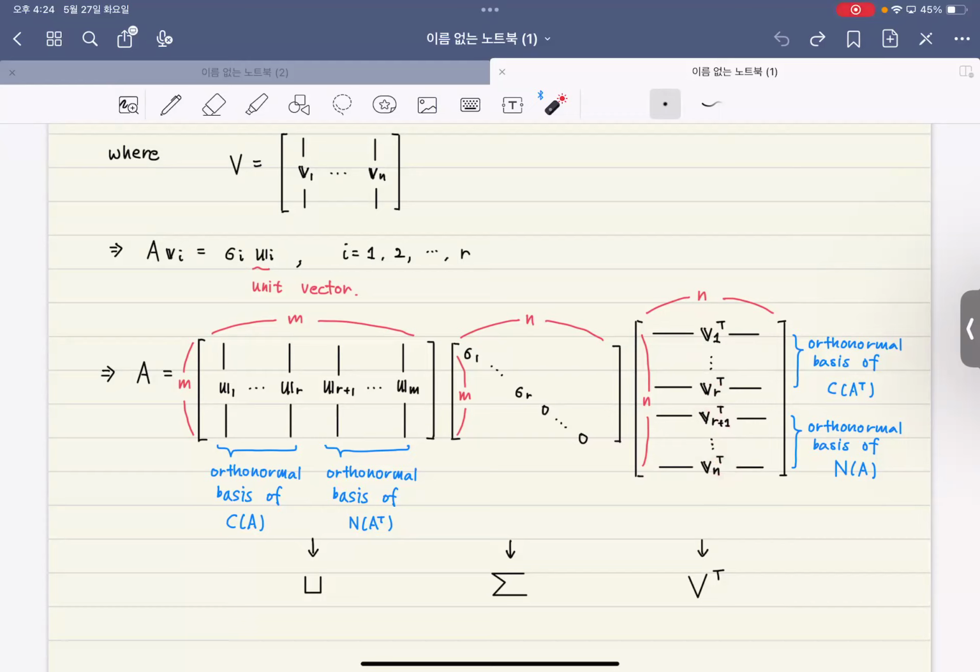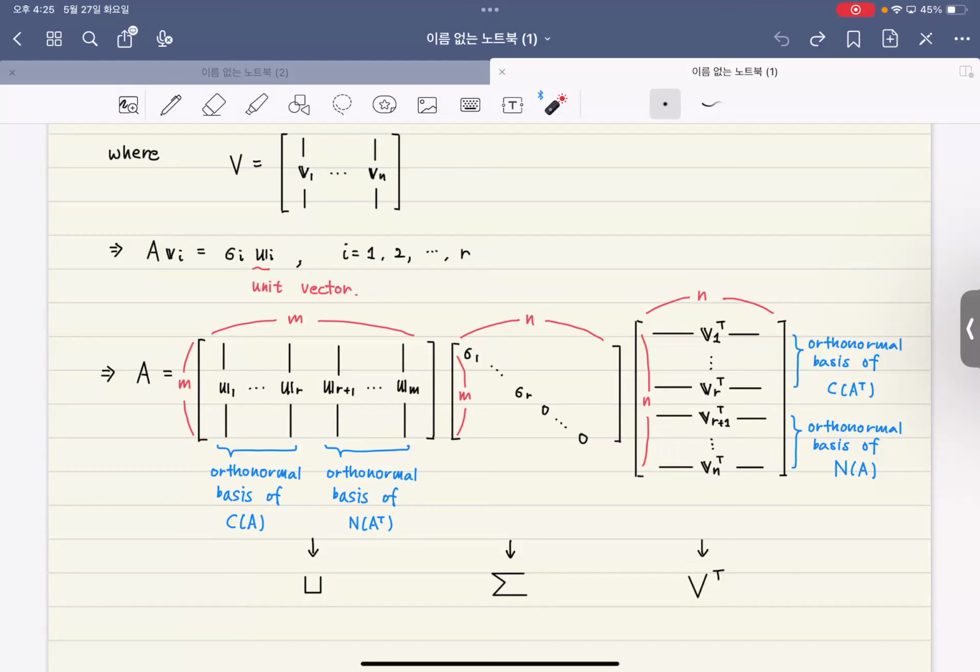And this decomposition works like this. Suppose that you are multiplying the basis vector V1 over here. That is the same as multiplying the column vector V1 over here, right?